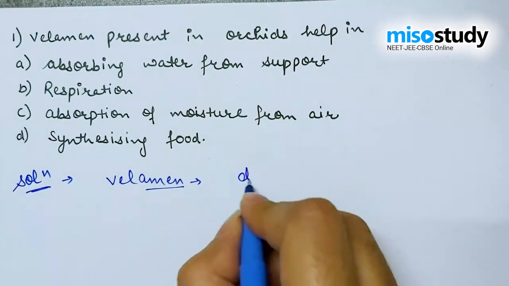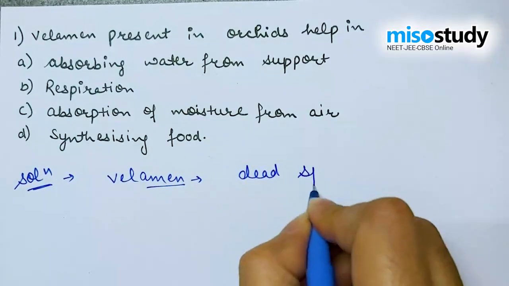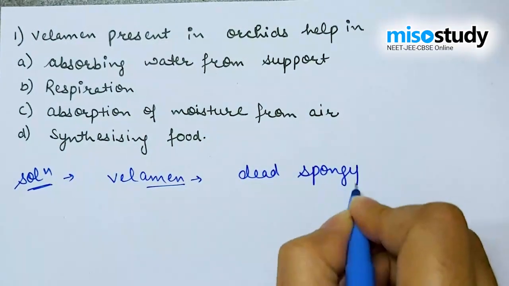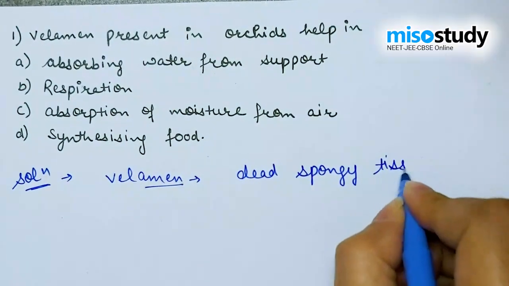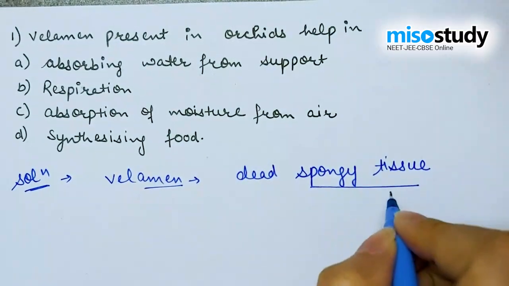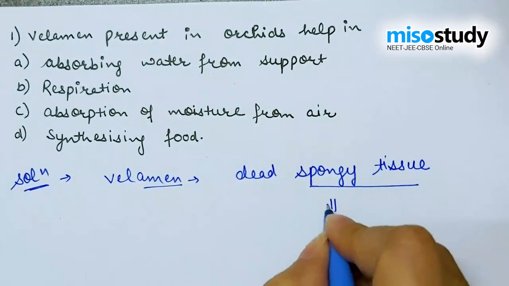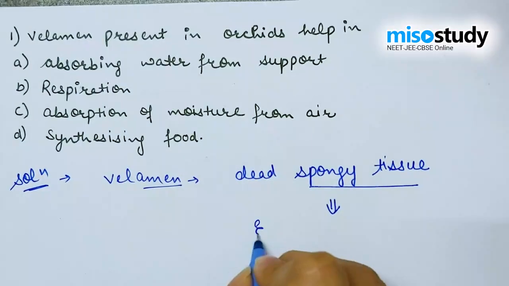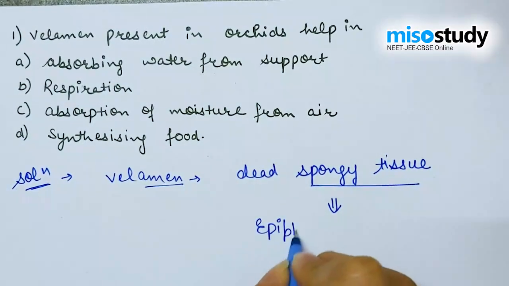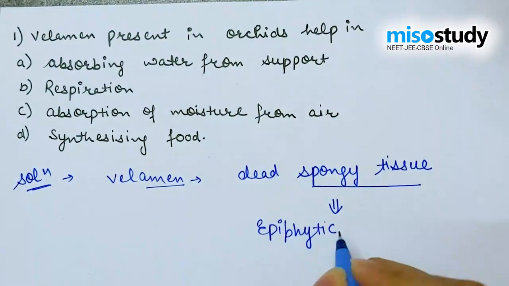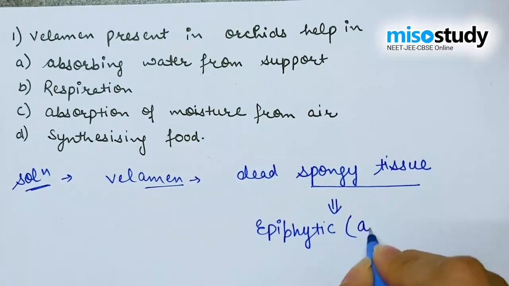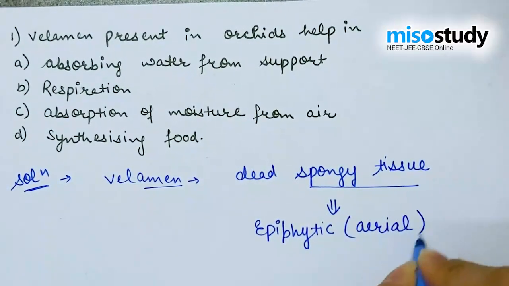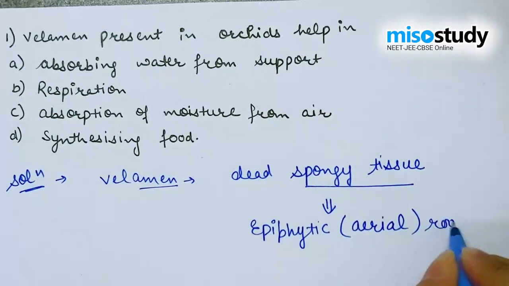Velamen is actually a dead spongy tissue present in the epiphytic, means aerial, roots.